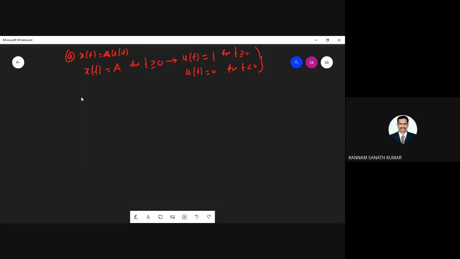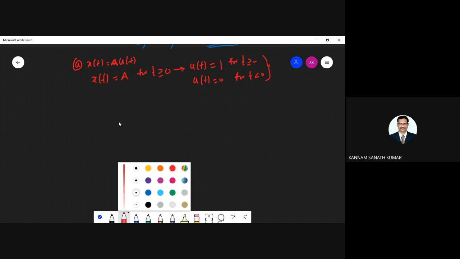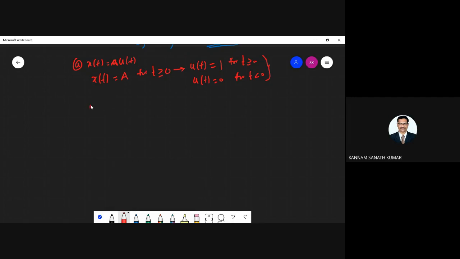So the Laplace transform of x of t is equal to X of s. What is the basic formula? The integration from minus infinity to infinity of x of t into e power minus st dt.